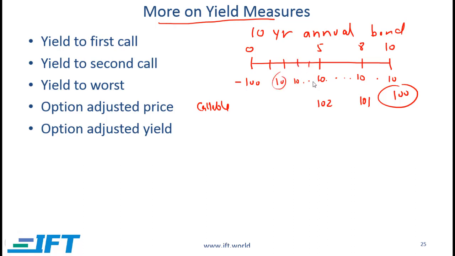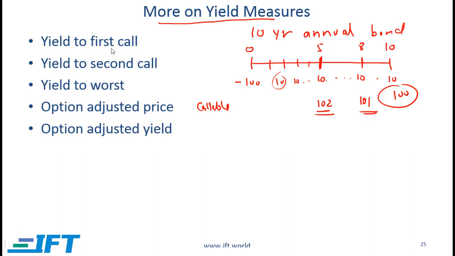Let's say that this bond has 5-year call protection, and at the end of 5 years, the issuer has the option to call the bond back by paying 102 or 102% of par, and then at the end of year 8, the issuer can call the bond back by paying 101% of par.